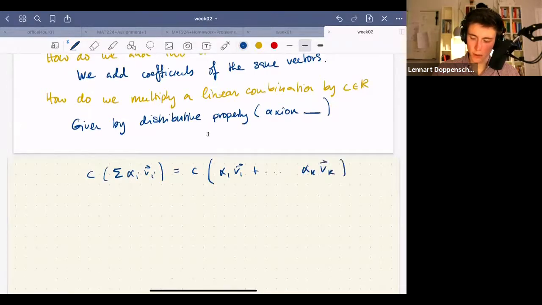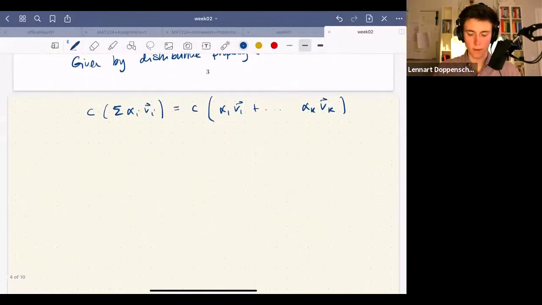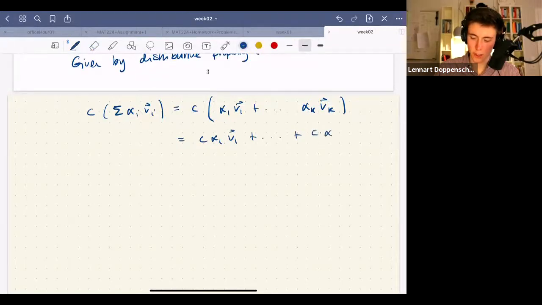But as Andrew noticed, we have this property that if you multiply the sum of two vectors or many more vectors, then we can just distribute it over these vectors. So this is C alpha 1, v1, and so on. So they each get their share of C.